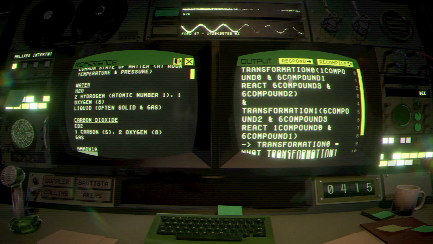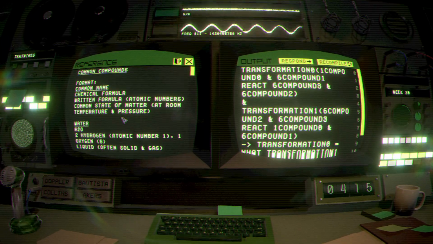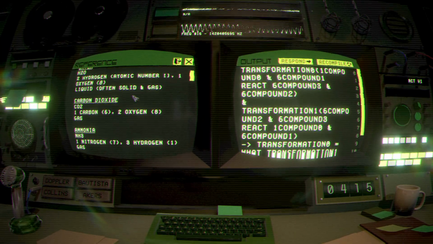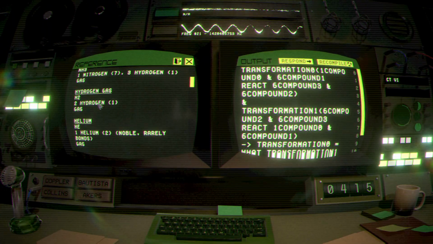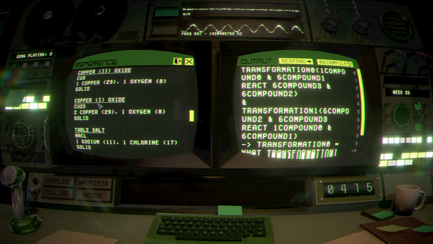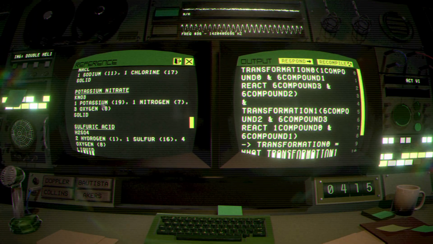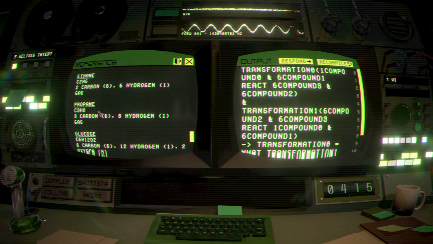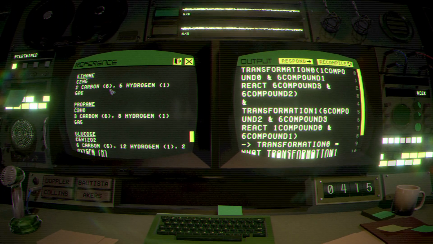So 1 and 6 and 6 and 6. So there's something that has 1 and 6 and 6 and 6. 1 and 1. 2 and 6.